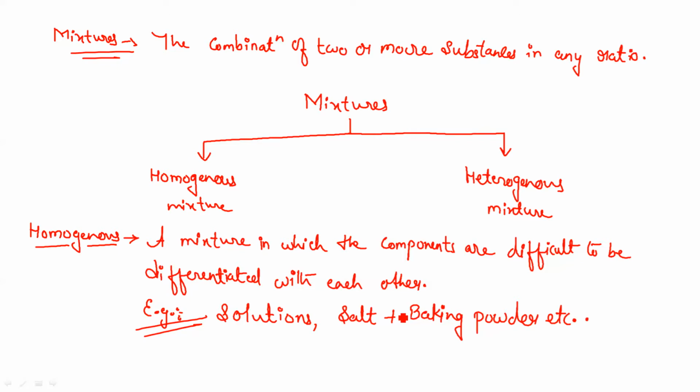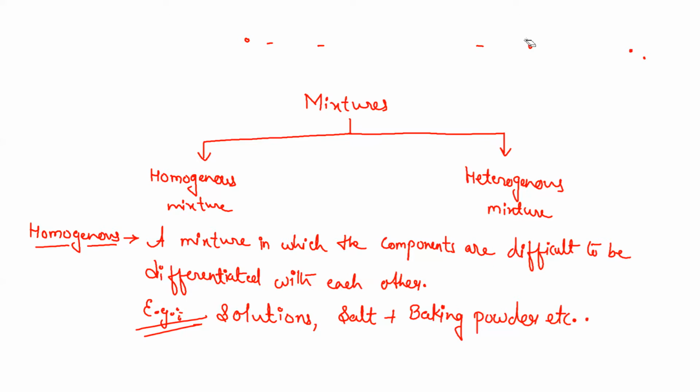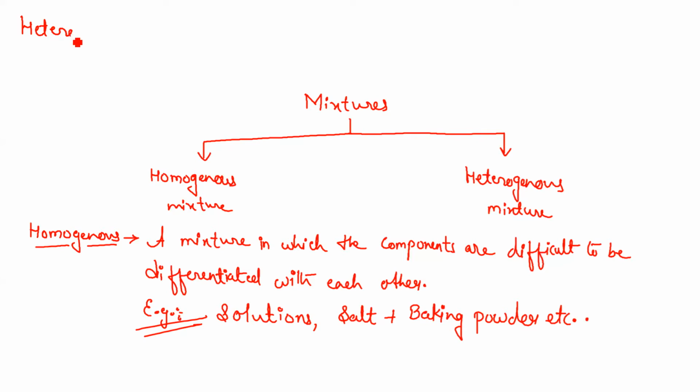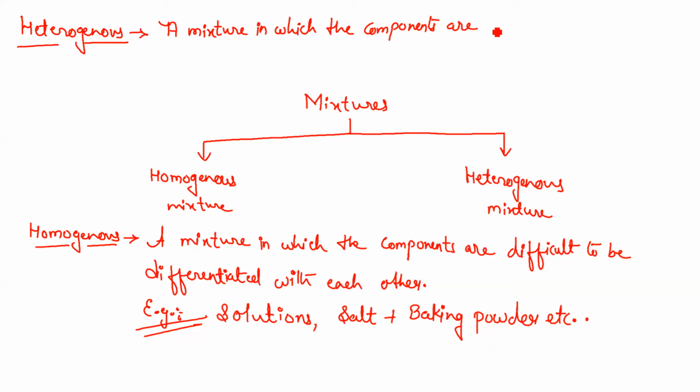Next is the heterogeneous mixture. The heterogeneous mixture can be defined as a mixture in which the components are easily differentiable.